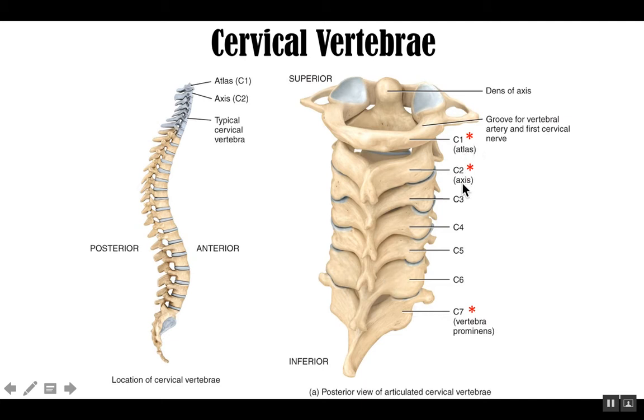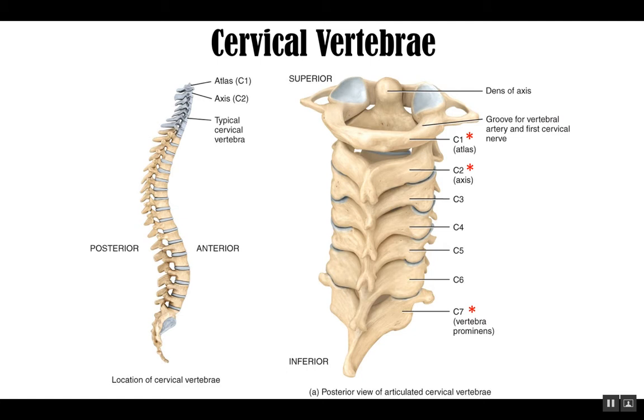C2 is known as the axis because it has a structure known as the dens. The word dens actually means tooth or tooth-like process. It's also commonly called the odontoid process. That odontoid or dens forms what's called a pivot joint.